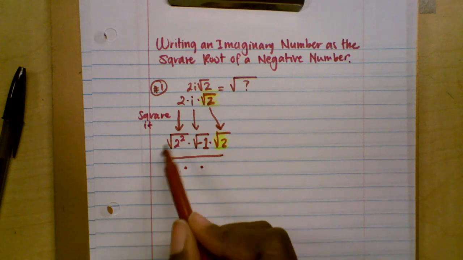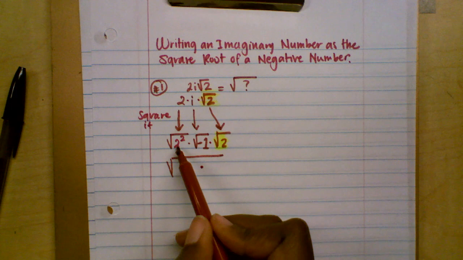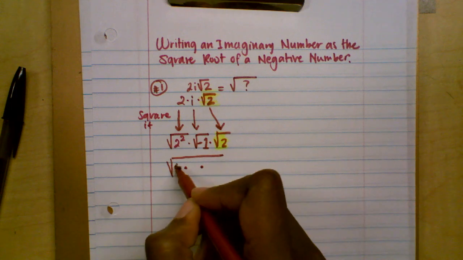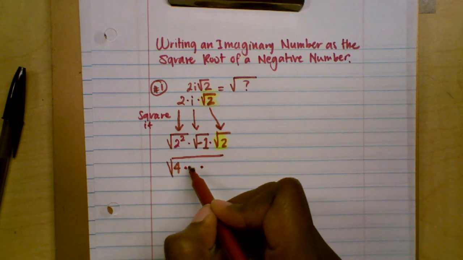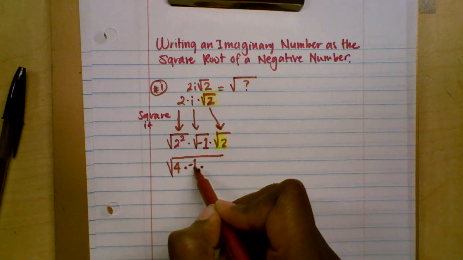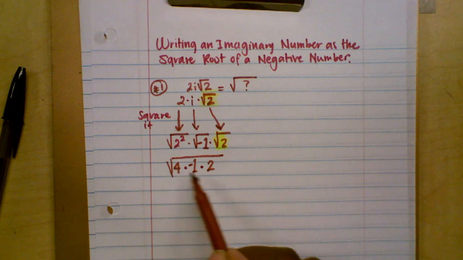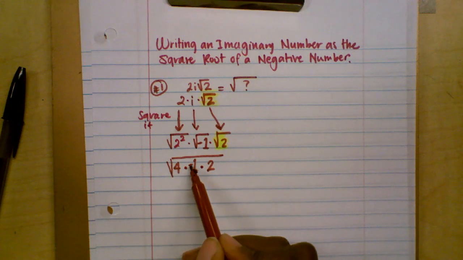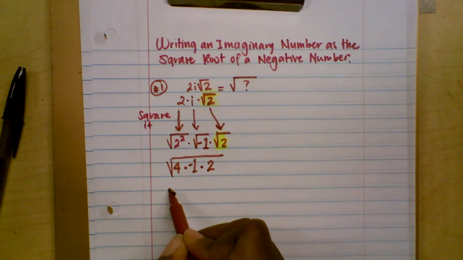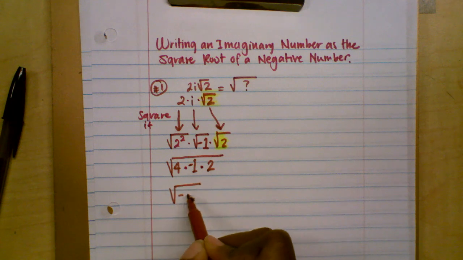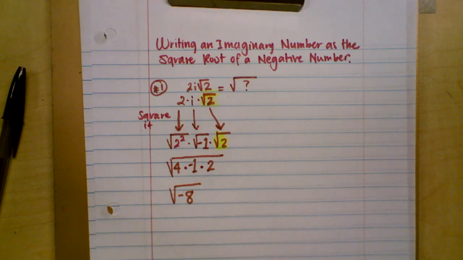So 2 squared is 4, times negative 1, times 2. 4 times 2 is 8, and 8 times negative 1 is negative 8. So I can rewrite it as the square root of negative 8. That's the final answer.